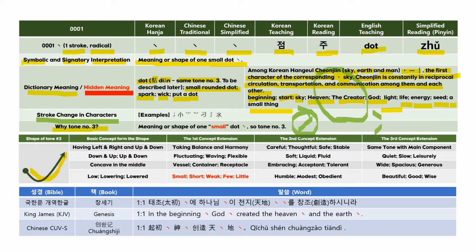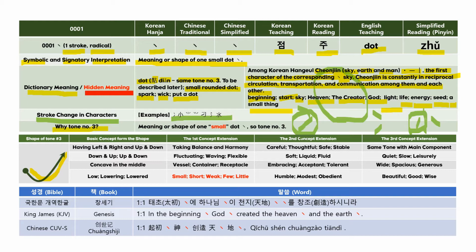There are two types of dots in these characters. For example, in the character meaning small, there are differently shaped dots here. So please try to remember the dot stroke changes in characters. I will explain it in each character when it comes up.